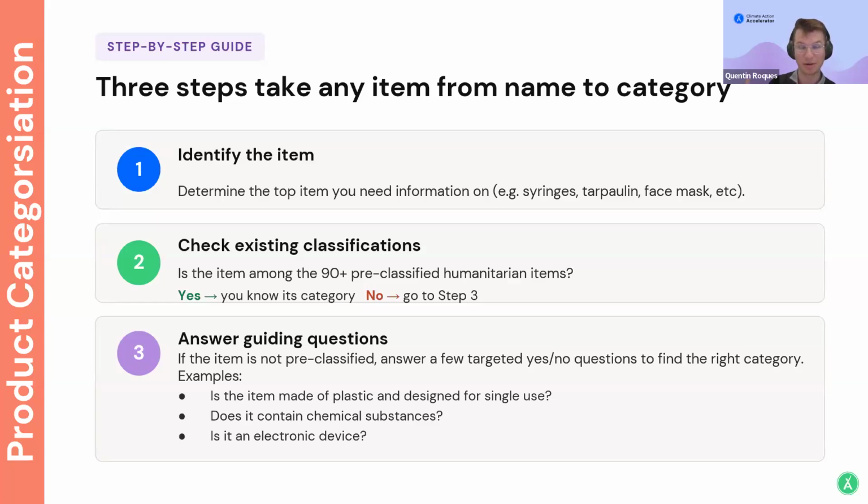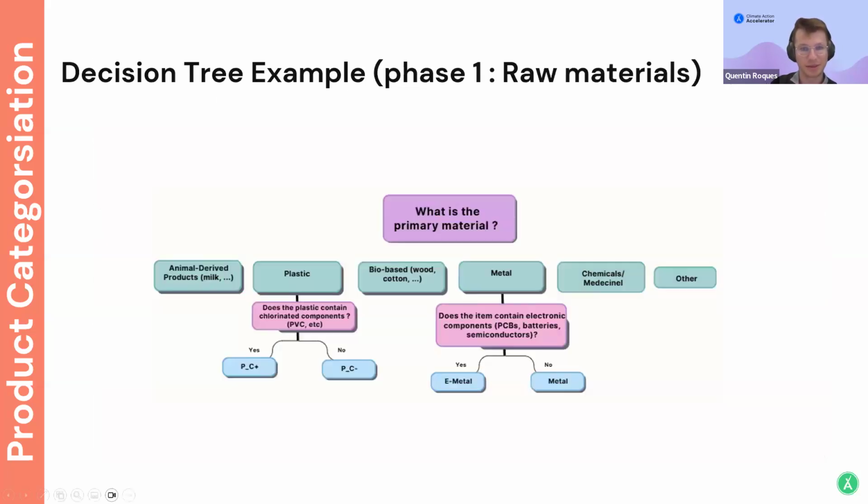answer some questions, and the answers to those questions will create a path that will go to the correct final categories, and then you will be able to access all of the categories' outputs. And so just to show you quickly what kind of questions: that's the decision tree we used to create the categories.